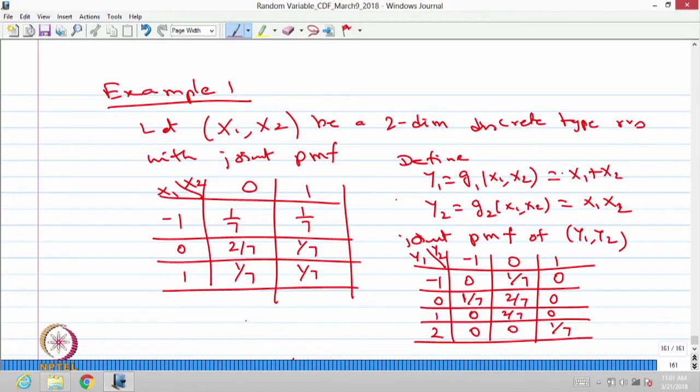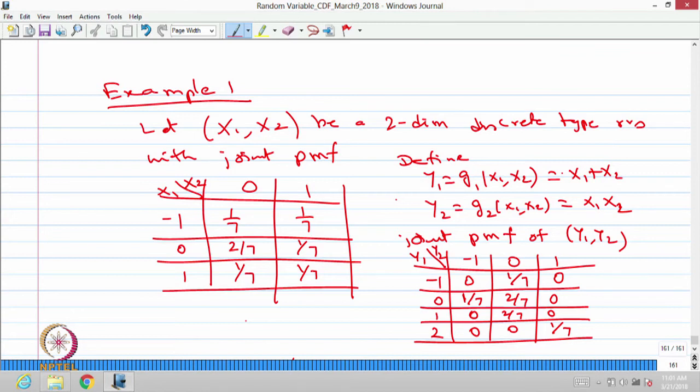Since this is the discrete type with the 2-dimensional random variable, and again we make y1, y2 a 2-dimensional random variable, we are getting the joint probability mass function of y1, y2. Suppose it is n-dimensional and the y's are k-dimensional, still you can find it as long as k is less than or equal to n.